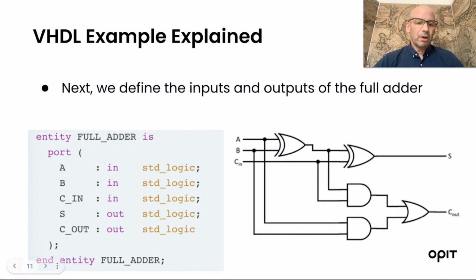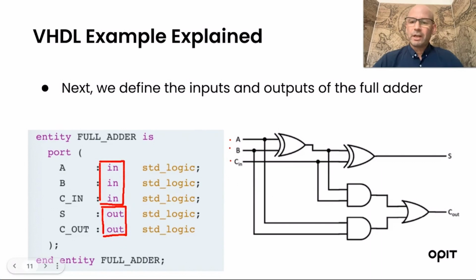Okay, so I'm just going to get my drawing tool again here. And here you can see, like I showed previously, here's our three inputs: A, B, and C in. And you can see over here, here's A, here's B, and here's C in. So there's our three inputs. Then our two outputs.